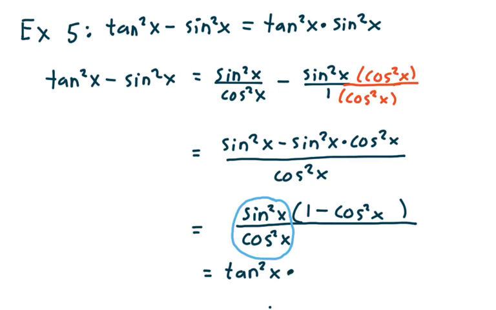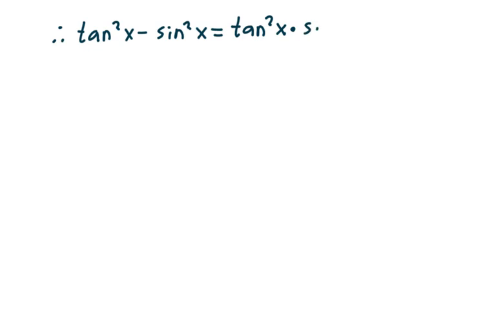And then I'm going to go times, what is 1 minus cosine squared x? 1 minus cosine squared x is sine squared x. I'm done. And so, therefore, tangent squared x minus sine squared x is tangent squared x multiplied by sine squared x. And that's example 5.